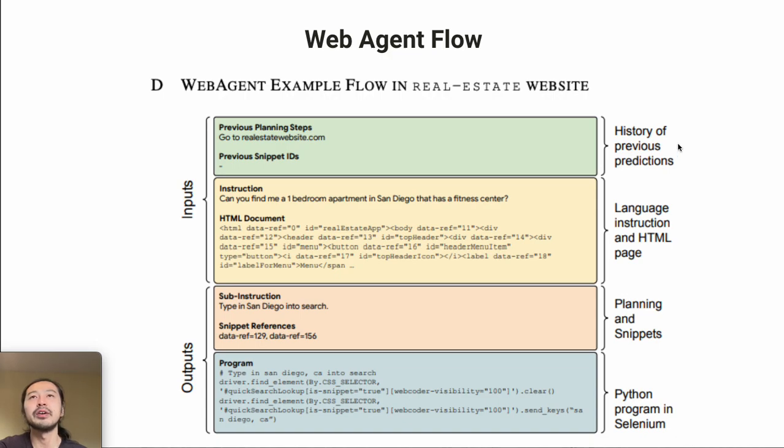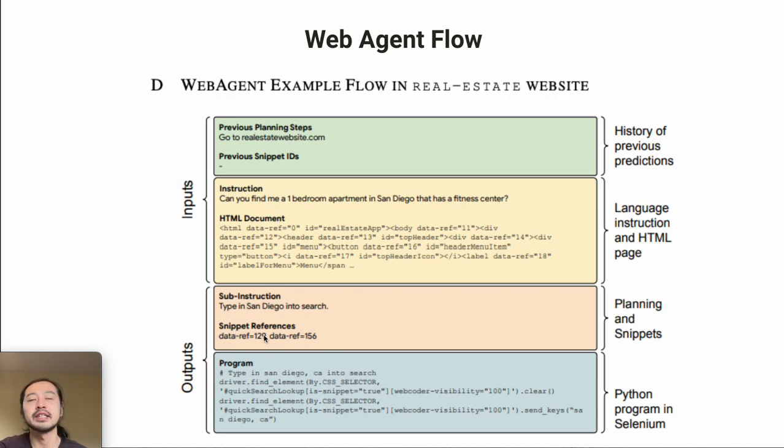So this is the flow of this web agent. It gets the input, like go to this website, and this is the instruction: can you find me a one bedroom apartment in San Diego that has a fitness center? It gets the whole HTML as input, and then it will output an instruction, type in San Diego into search, and it also outputs the snippets.